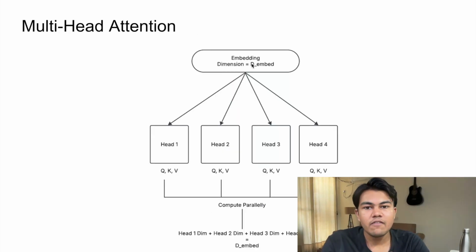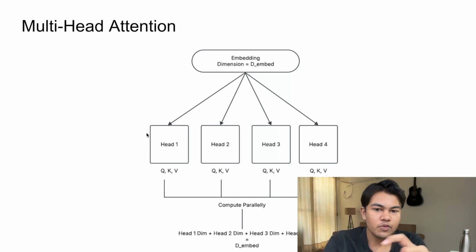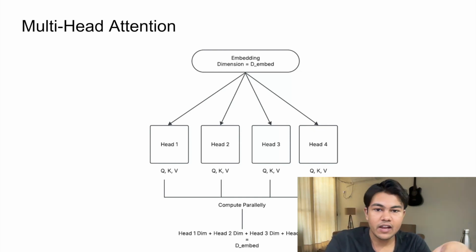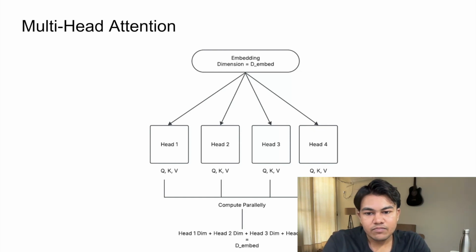Let's suppose we have a dimension of 512 and we divide it into 4 heads. It will be distributed equally, so each head has 128 dimensions, and each head will have its own Q, K, V. This is a good thing because the more heads we have, the more parameters we have, and the more different Q, K, and V values we'll have, and they will learn differently.